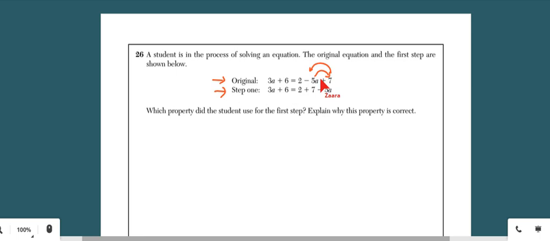So you will write that the student switched 7 and negative 5a.